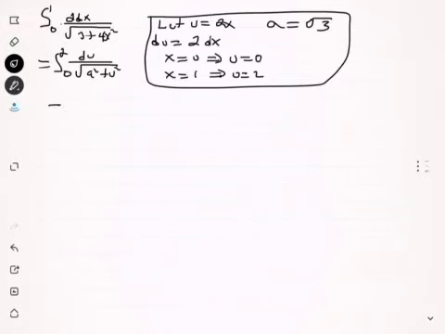And this is equal to the hyperbolic sine inverse evaluated at u divided by a, as u goes from 0 to 2.